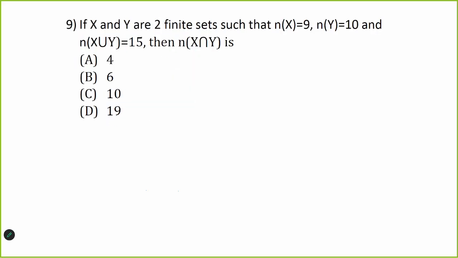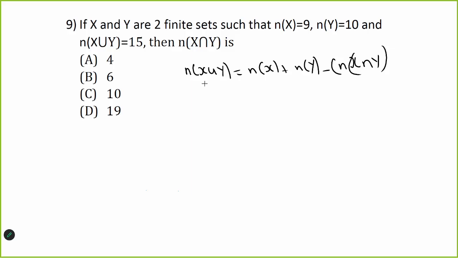Now this one here, if you know your formula, it should be good, right? If x and y are two finite sets such that the number of elements in x is 9, the number of elements in y is 10, the union of x and y is 15, what is the intersection? So the number of elements for x union y is equal to the number of elements for x plus the number of elements for y, subtract what they have in common, x intersect y.